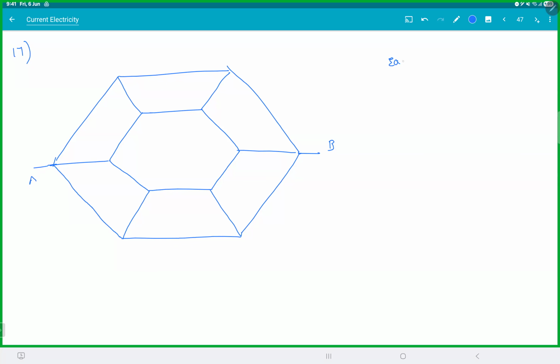Each segment is R. Find RAB. Just get me the equations.